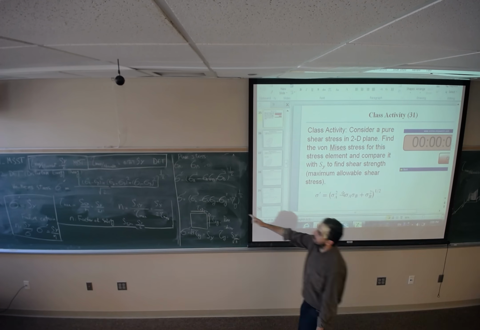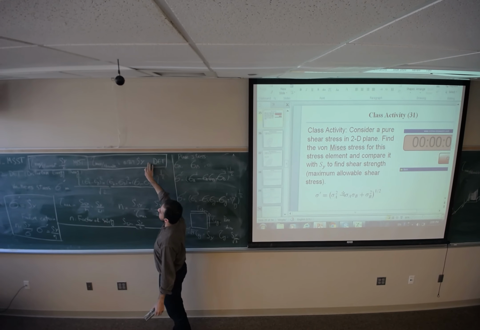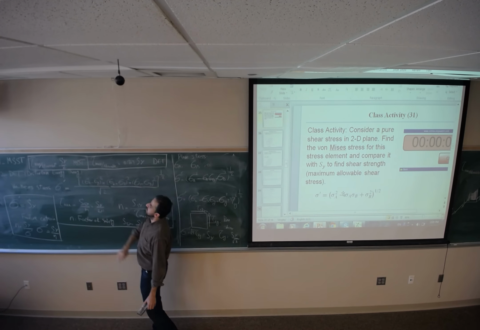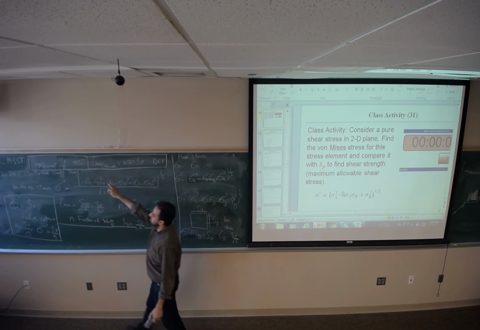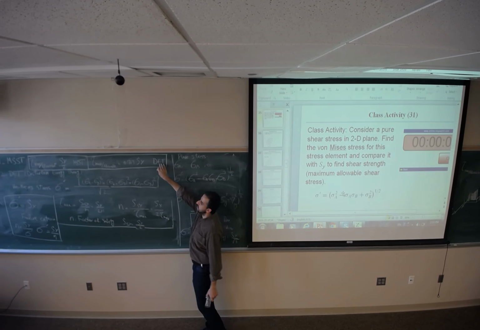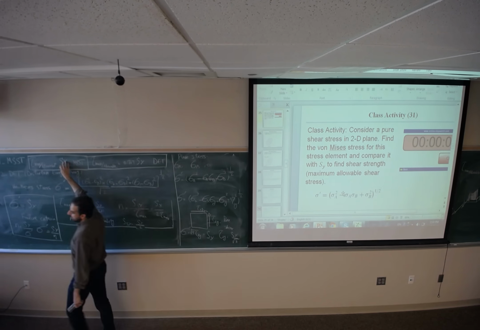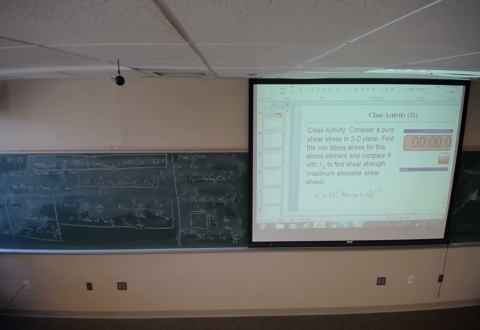As you see, based on the distortion energy theory, you are allowed to have greater shear stress than the maximum shear stress theory. So it means this theory is less conservative than the maximum shear stress theory.